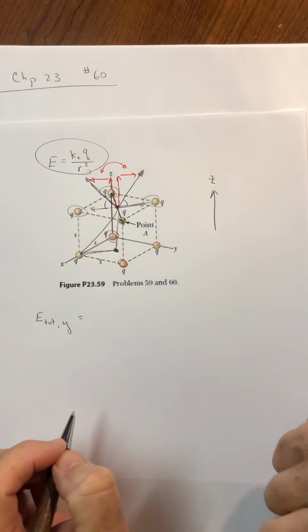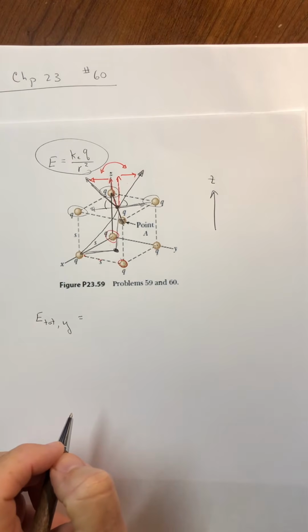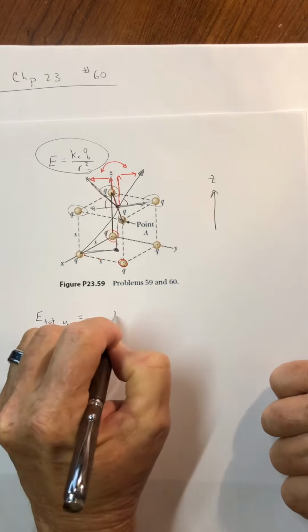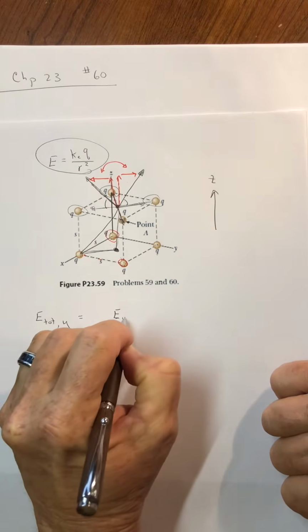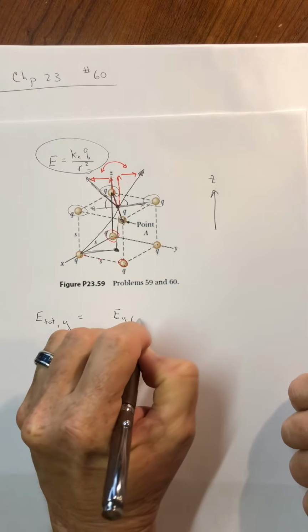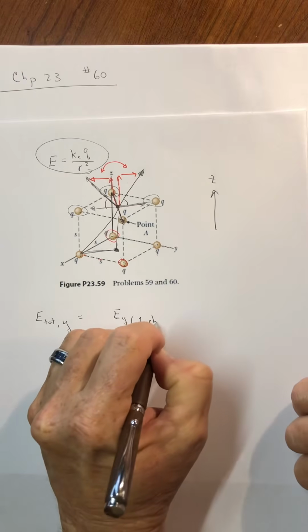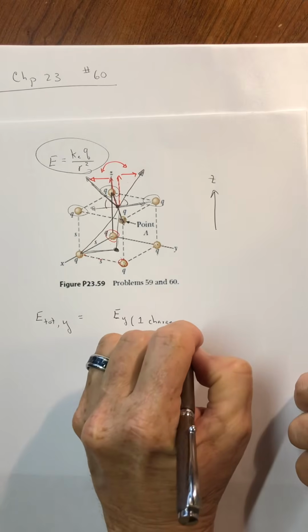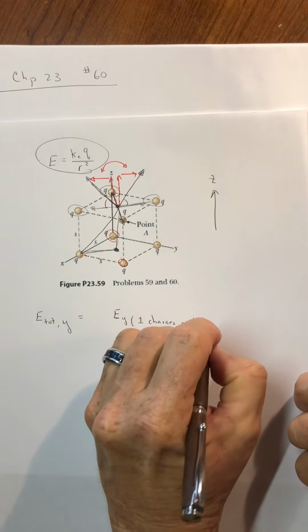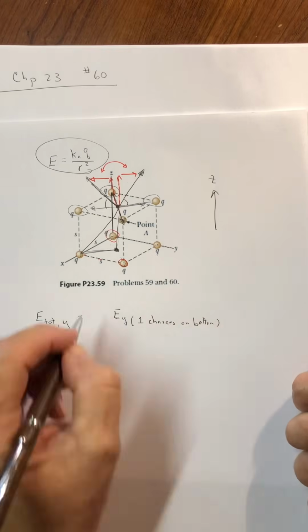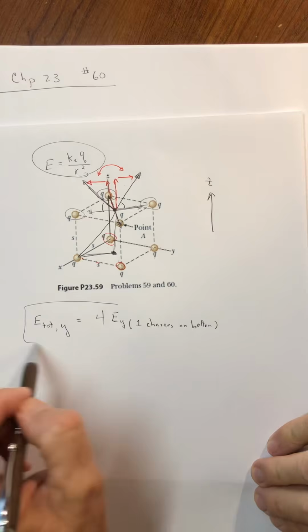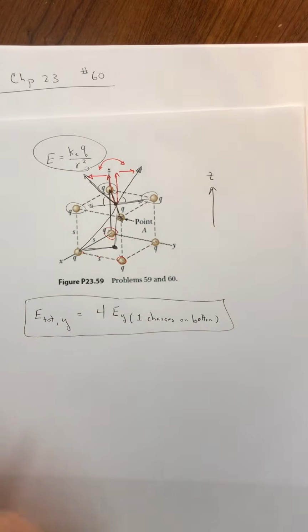And so I would say the best way to do this problem is to first calculate the vertical component of one of the charges, and I better say on the bottom, and then figure what that is and multiply by 4, because all 4 of these add together. Ta-da! And so that's now going to make this problem easy.